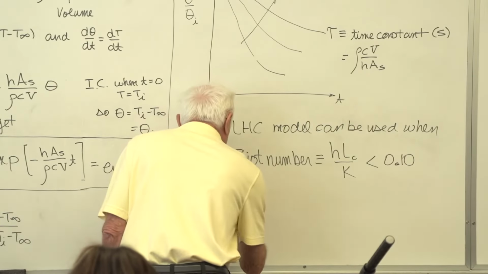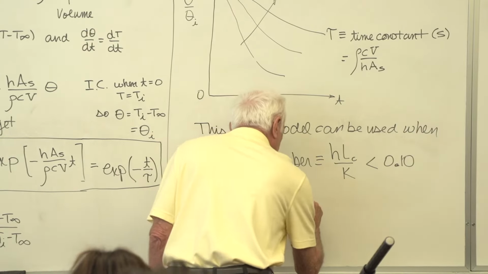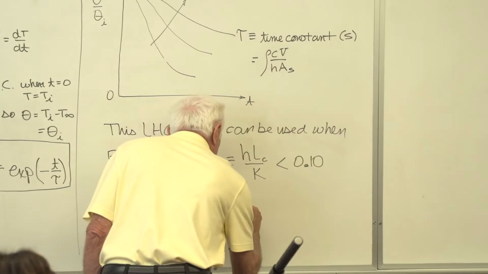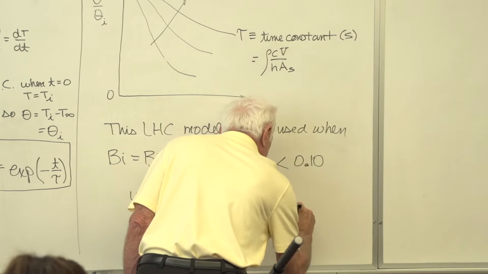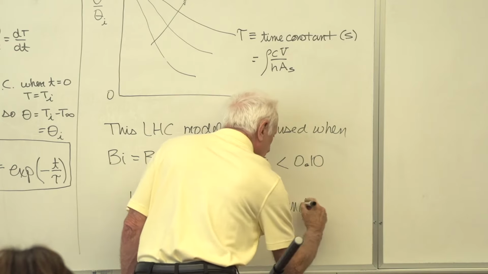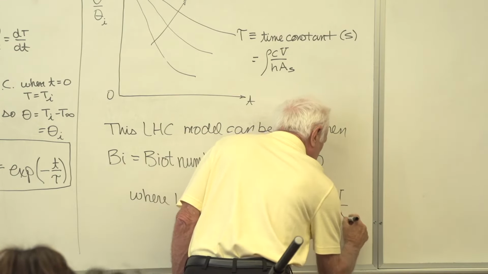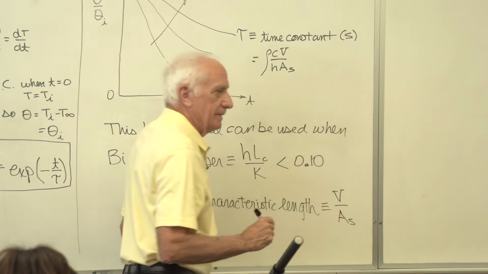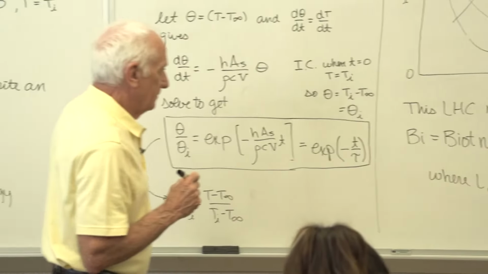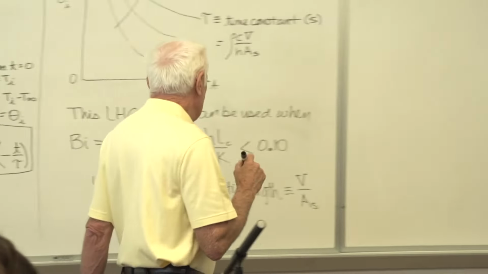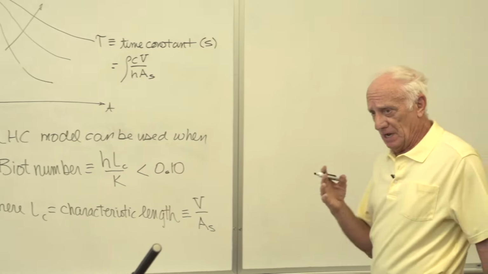What is L sub c? L sub c is called a characteristic length. It's the volume of the object divided by its surface area, the area touching the fluid cooling the object. So there are some simple geometries.